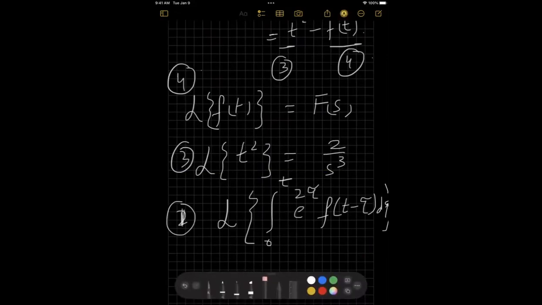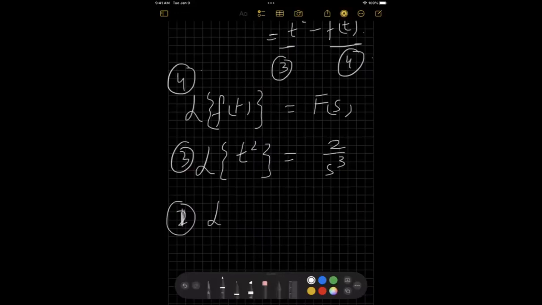So this is our Laplace. Let me write it in a smart way. Laplace of the integral from 0 to t of e raised to power 2 tau f of t minus tau d tau. Fine.